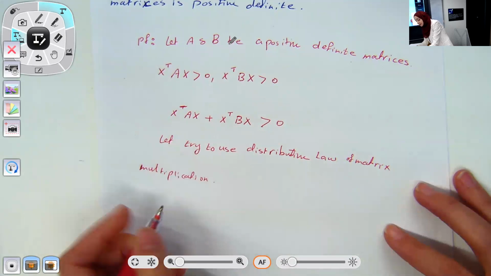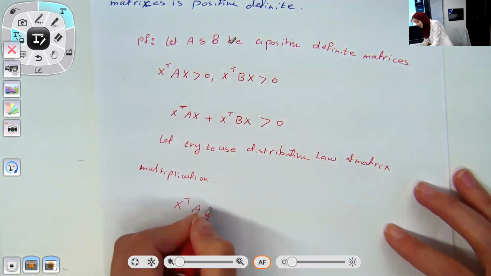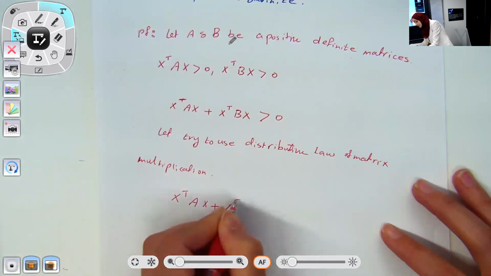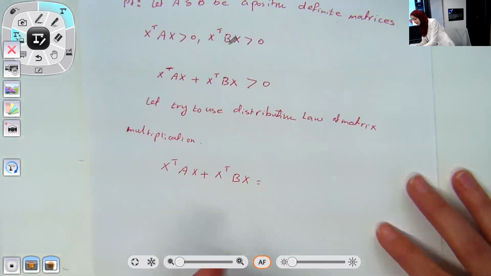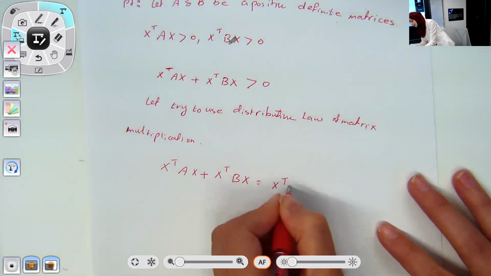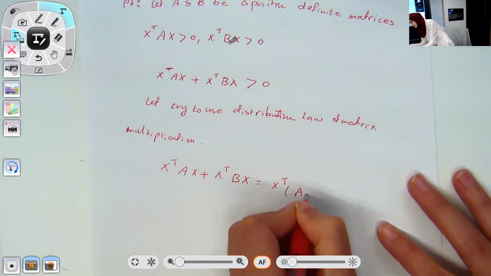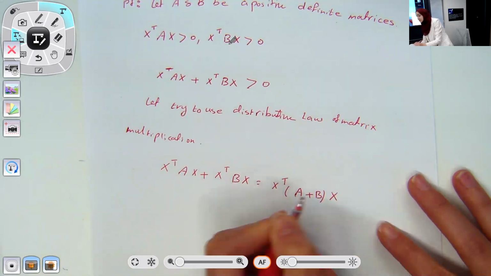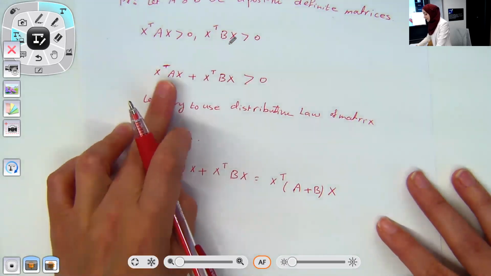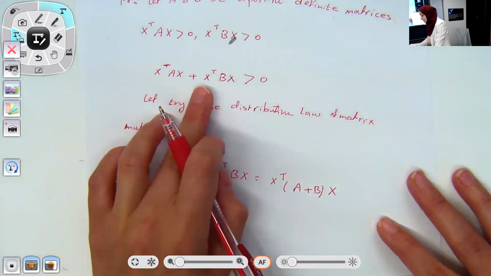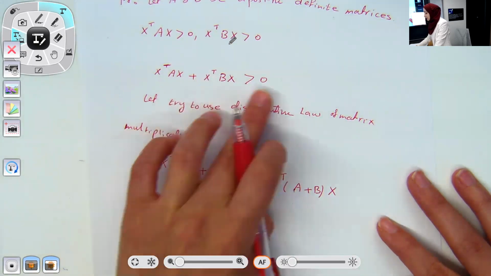So here we have X transpose AX plus X transpose BX. We can write it as X transpose times (A plus B), and all of this multiplied with X. And we said before that X transpose AX plus X transpose BX is positive.